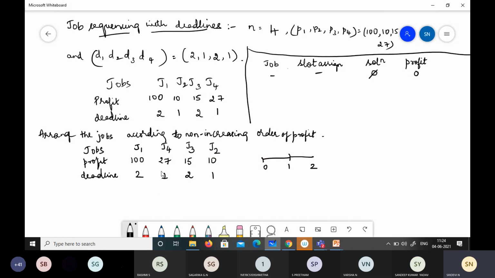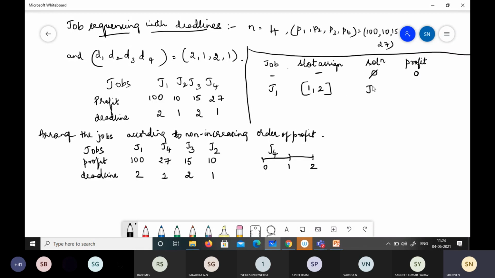So I should take up J4 first, and then I can use J1. Usually what we do is we have selected the first job, and we put this job in this slot because it can wait for 2 minutes. So I'll say J1 and slot assigned will be 1 to 2 for it.